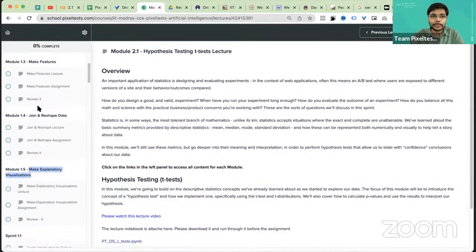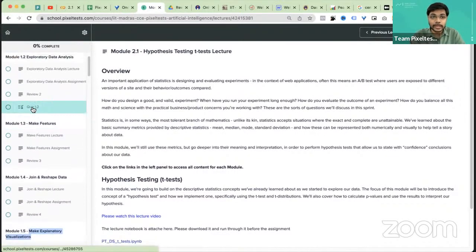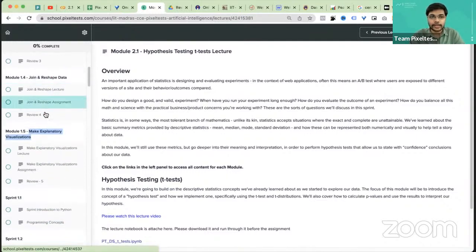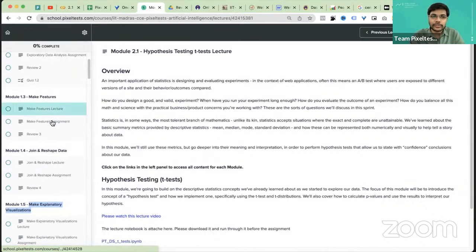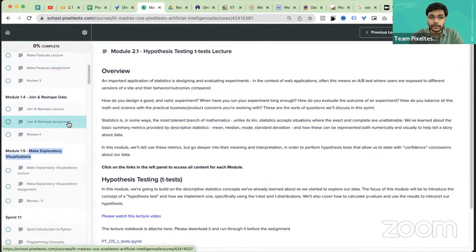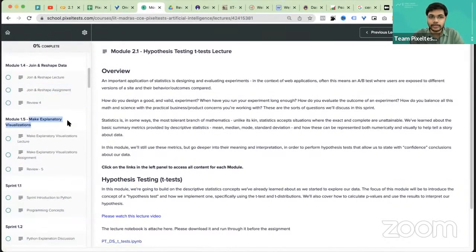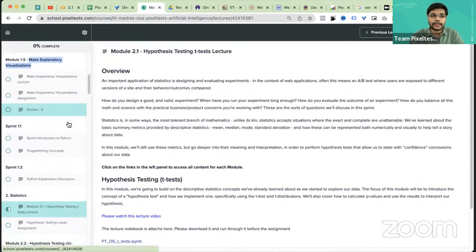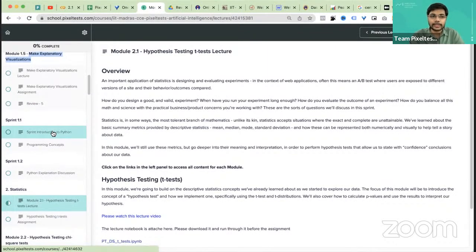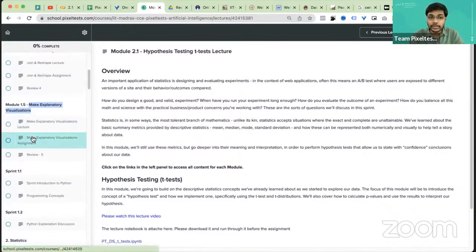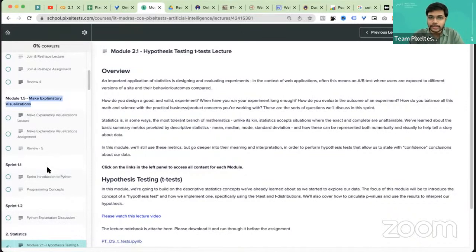As previously told, there are quizzes and assignments also, where you can see that when we have finished make features, there is also a make features assignment. I'd request everyone to go ahead and attempt it so that your concepts become strengthened. And there's also a sprint, and the explanation of the sprint is also there, where you can revise the whole of the concepts in a very small assignment.